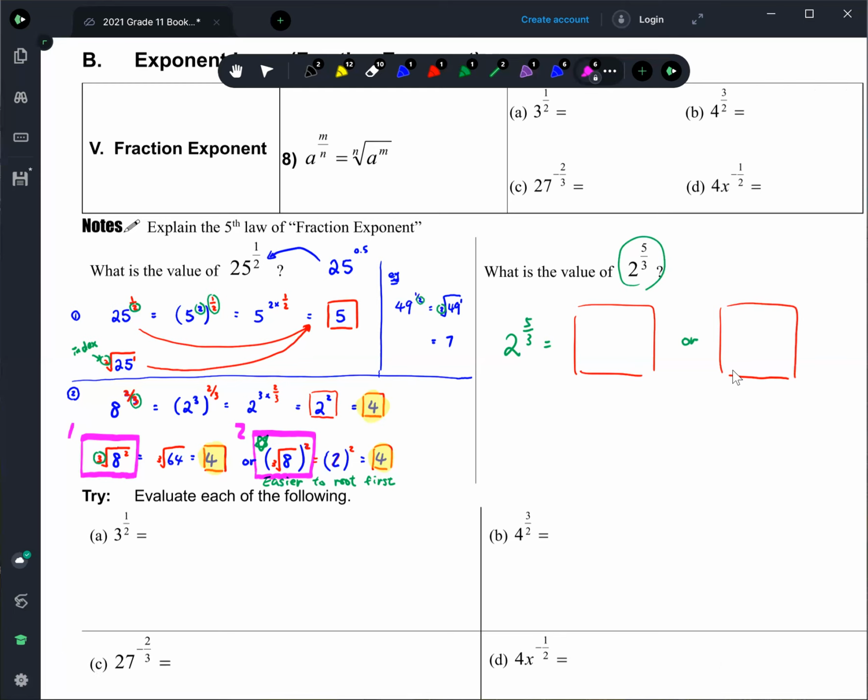All right, please raise your hand after you've done that. You don't need to evaluate. Just practice, write it out using the radicals. So the common mistake is to put the wrong number on the outside. So remember, denominator goes to the outside.